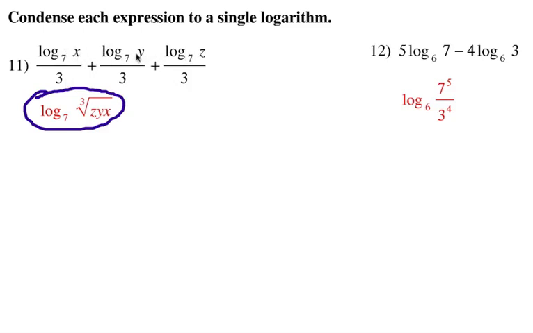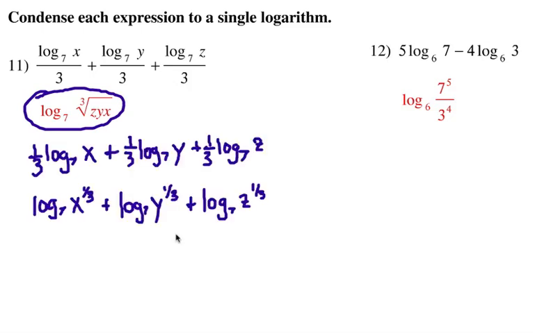We have an x and a y and a z, and we have 3 in the denominator, which is really 1/3. So let's write it as 1/3 in front. All right, and then we can move this 1/3 back as an exponent, so it's x to the 1/3 power, y to the 1/3 power, z to the 1/3 power.